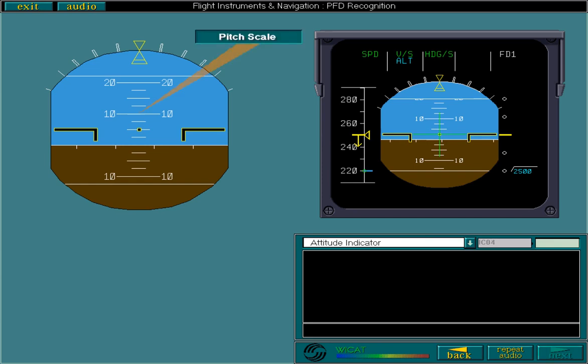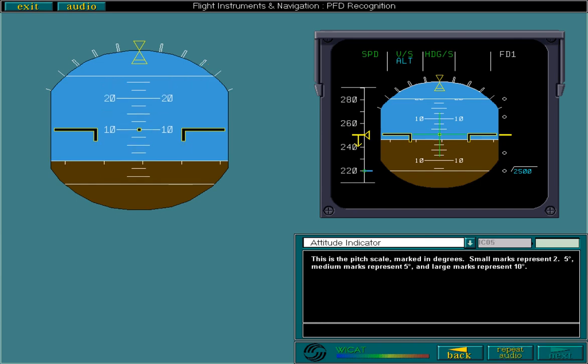This is the pitch scale marked in degrees. Small marks represent 2.5 degrees, medium marks represent 5 degrees, and large marks represent 10 degrees. Notice how the picture moves in relation to the model aircraft. Here the aircraft is 10 degrees nose up, 10 ANU.